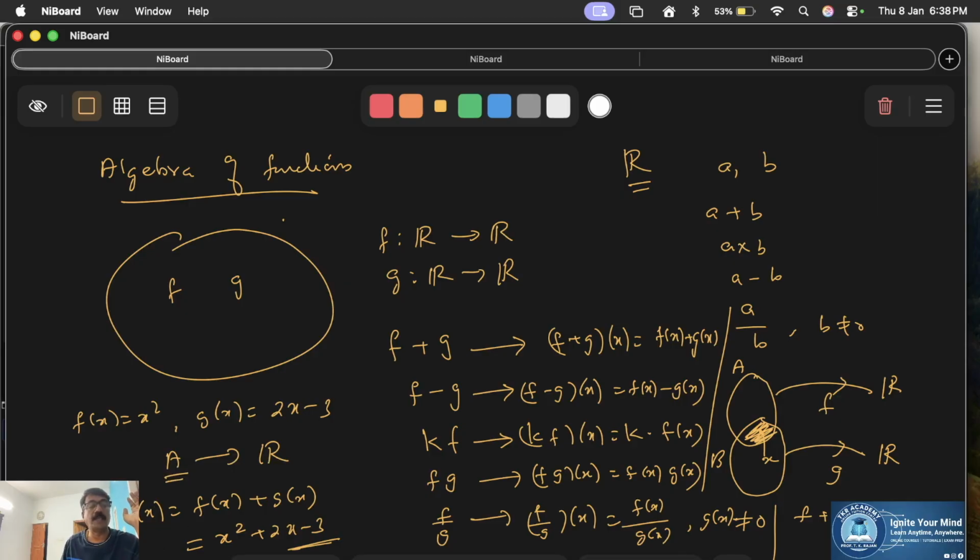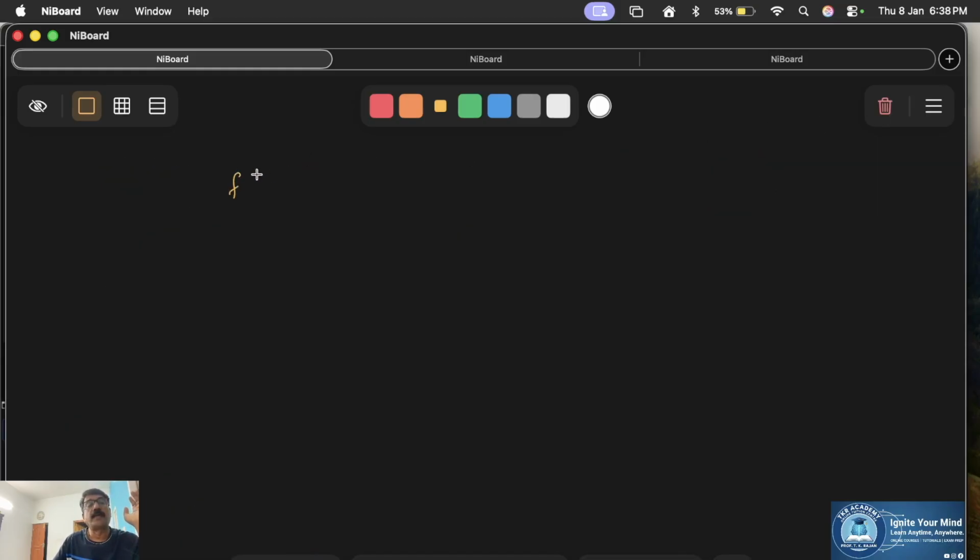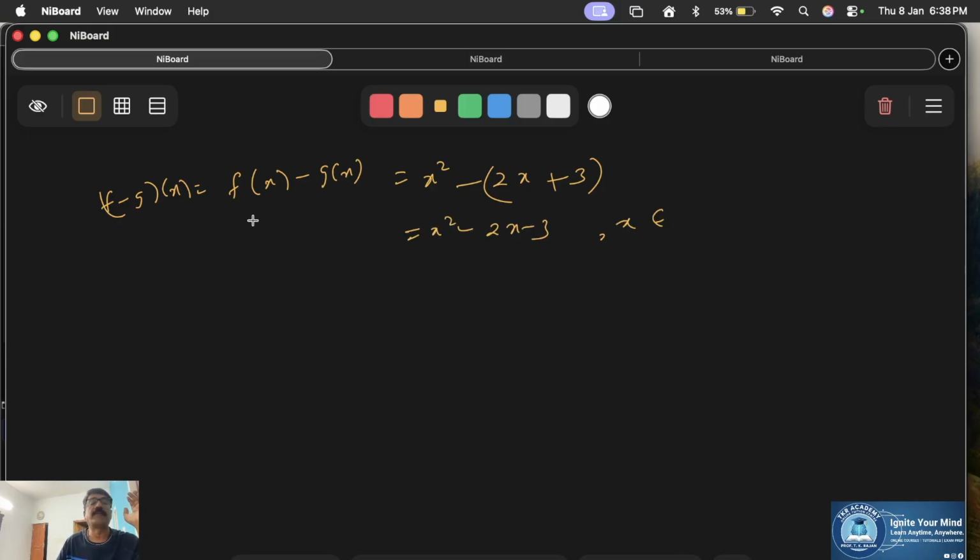Similarly, f minus g of x is equal to f of x minus g of x. Here f of x is x square, so x square minus (2x plus 3), which is x square minus 2x minus 3 for every x in the common domain of f and g.